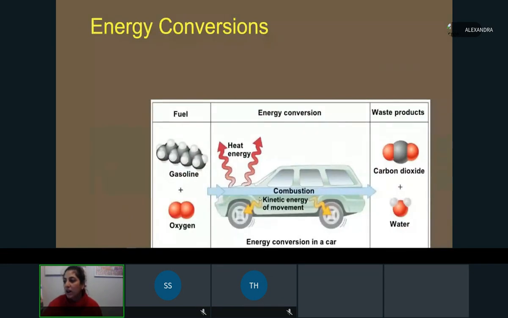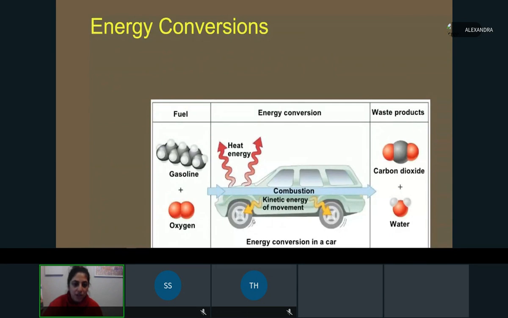So we talked about a car. Here's an example. We need to have fuel, right? Every single time we need to give it something to react with in order to give off energy. So we put gasoline in our car, and we have oxygen, and then it combines through something called combustion. Then what we have is kinetic energy of movement.